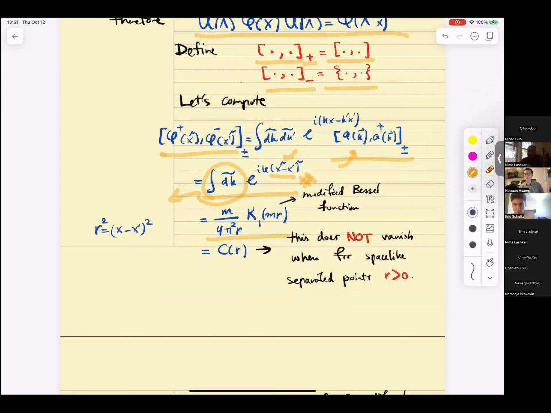You could do this integral, and you will do it in one of your homeworks, and you're going to learn that this is basically m over 4 pi r squared times a modified Bessel function, where m is the mass of the scalar field. The point of this calculation is to learn that C of R does not vanish at space-like separated points.